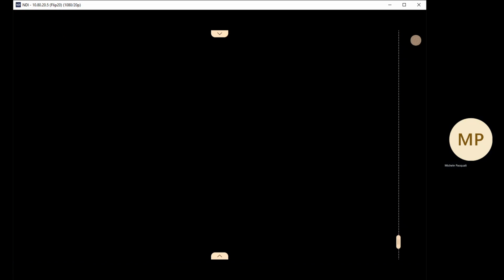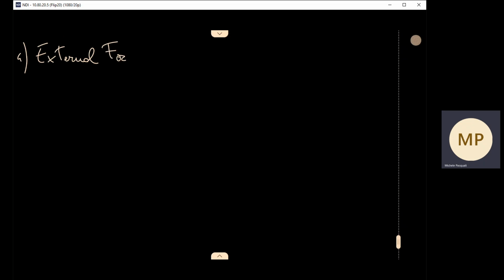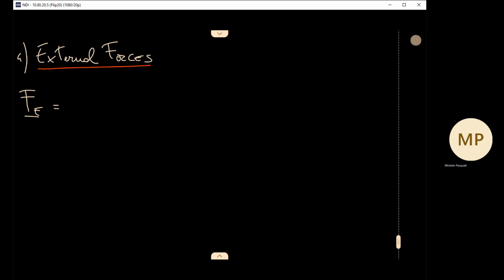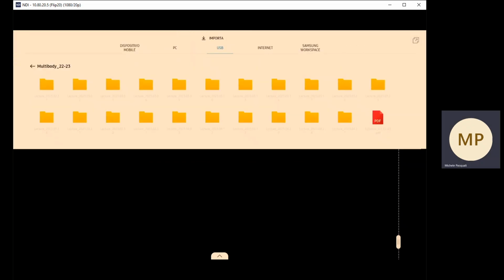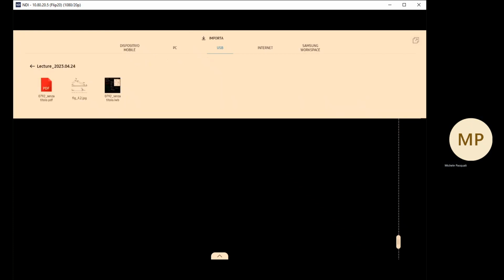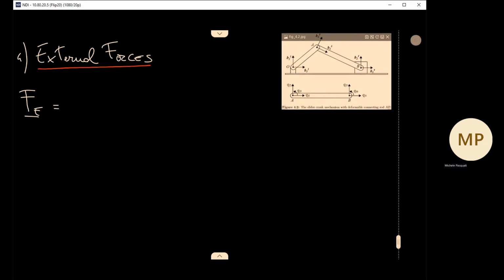So, for external forces, if you have the vector of external force that we call Fe, let's see our system again, which is basically done like this.